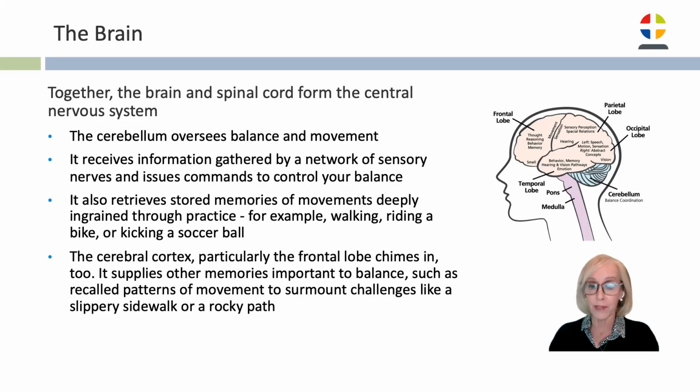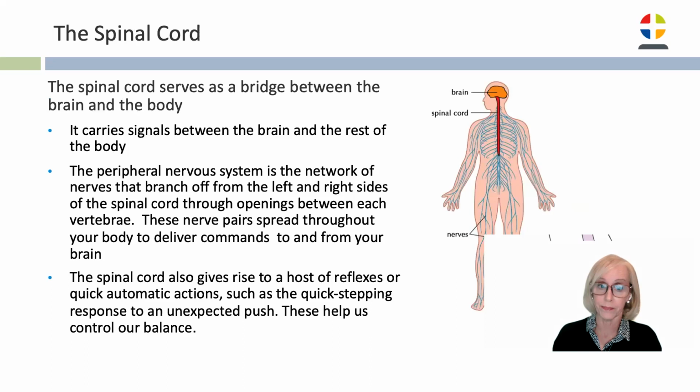I know that I have to take really small steps, shift my weight forward and walk slowly. And you recover from that almost fall. So the brain uses a lot of information from past events and information that it gains from the body as well to send information back out to change your movements and improve your balance at the same time.